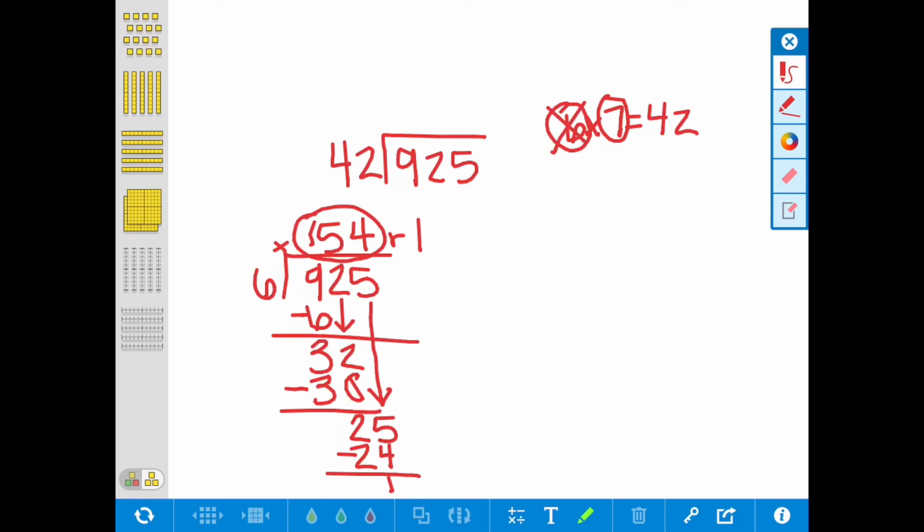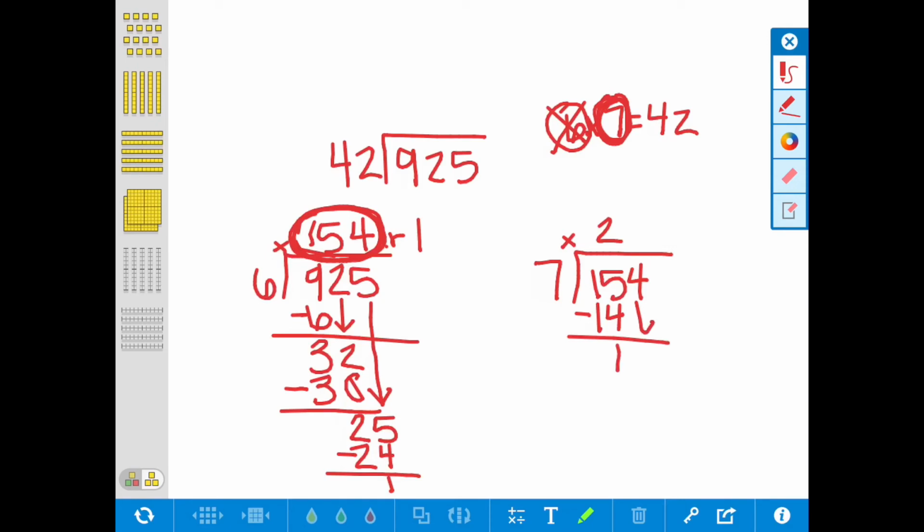So we've divided by our 6. Now we have 154 divided by 7. We're going to take our answer that we got over here, our quotient from our first problem, and that's going to be our dividend to divide by 7. 7 fits into 15 2 times, because 2 times 7 is 14. 15 minus 14 is 1.